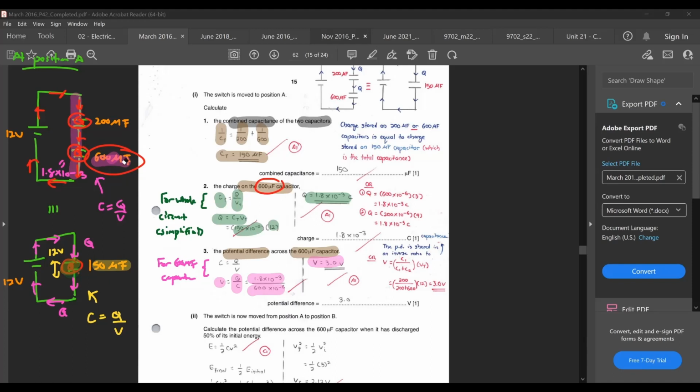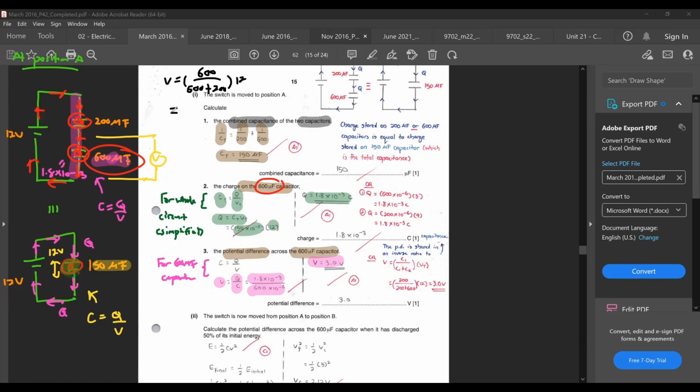Okay. So this one is the proper way to do this question. Because sometimes when people look at this question and see find the PD across the 600 microfarad capacitor, they are so used to doing potential divider from AS that they will say, I can use the potential divider equation where V is equal to 600 over 600 plus 200 times 12.